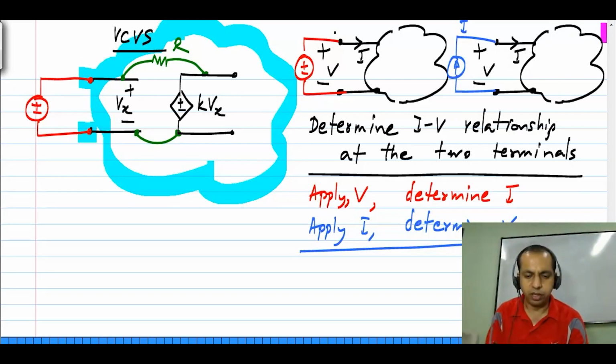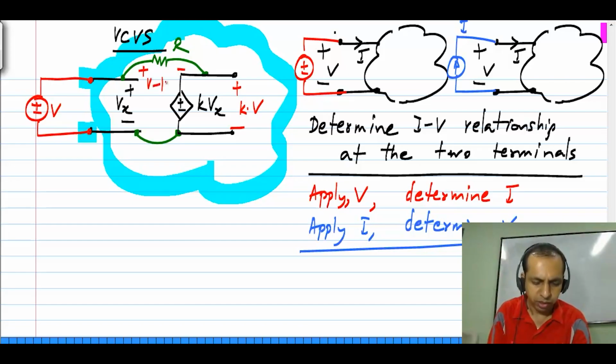Now, for this particular case, let me apply a voltage V. Now, because this Vx equals V by Kirchhoff's voltage law, very simple application of it, the voltage across this is K times V. And again, by Kirchhoff's voltage law, the voltage across the resistor in this polarity is V minus K times V. So the current drawn from the source will be equal to the current flowing in the resistor, which is this voltage divided by the resistance value.